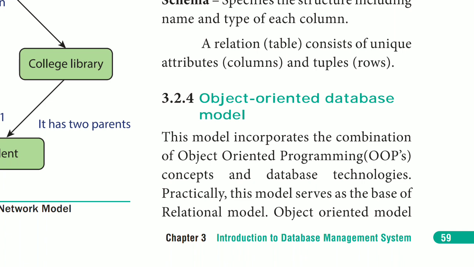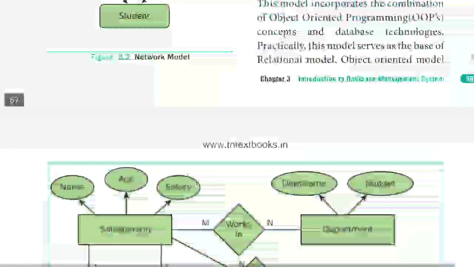So this object-oriented database model is a combination of both. Practically, this model serves as a base of the relational model and the object-oriented model. On the next page you can see this clearly.